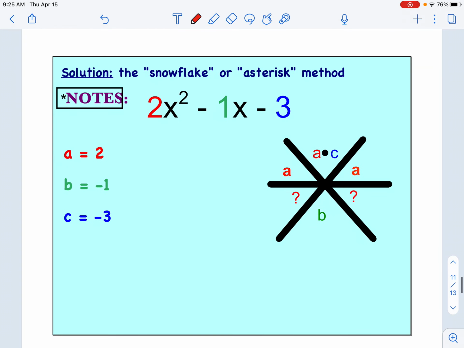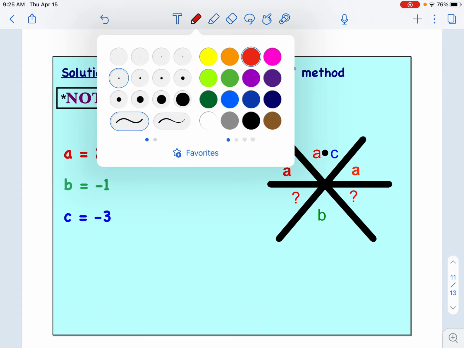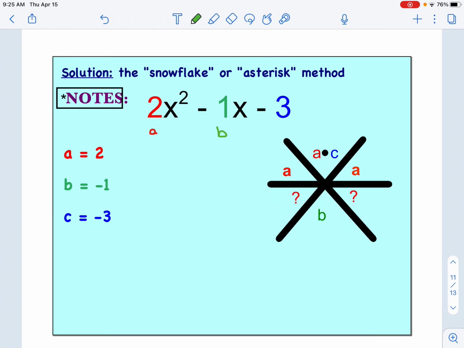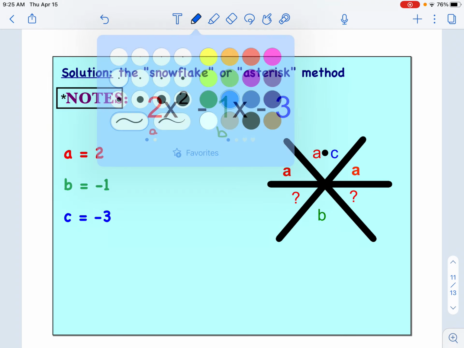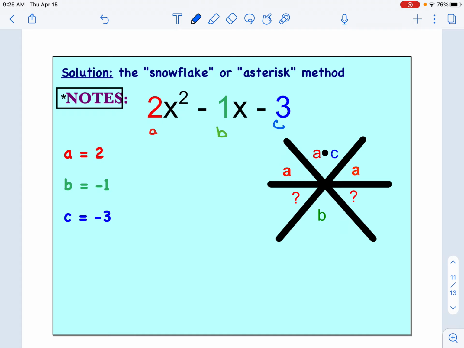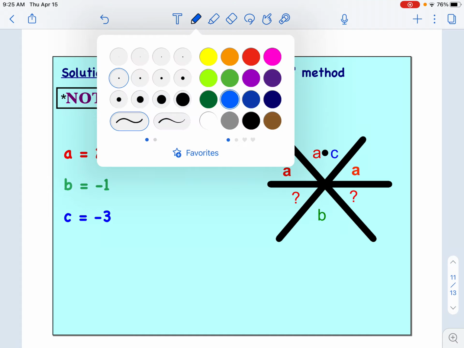So let's take an example and do this. 2x squared minus 1x minus 3. So this is your A value, this is your B value, and this is your C value. And so we are going to put A times C in that top.